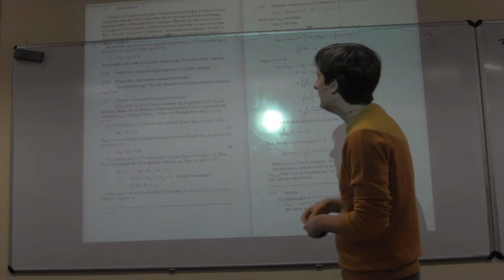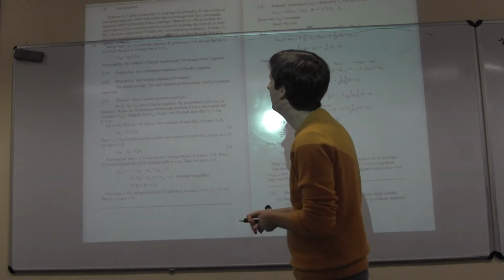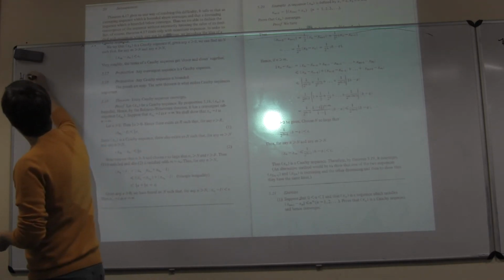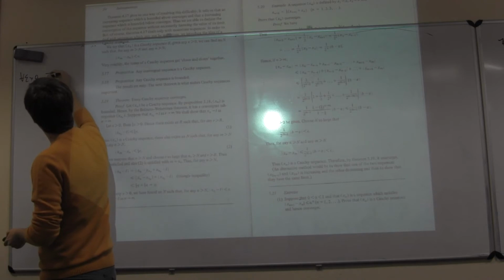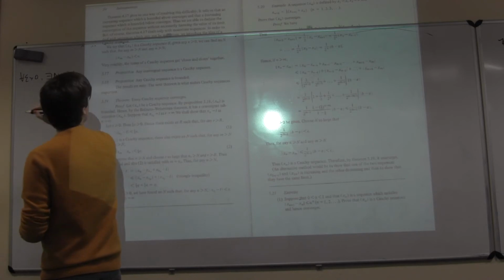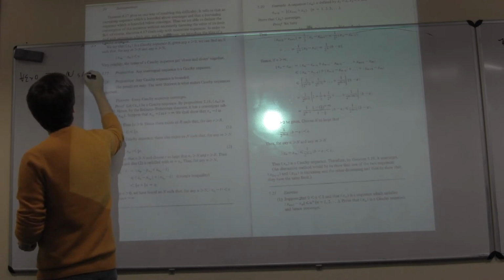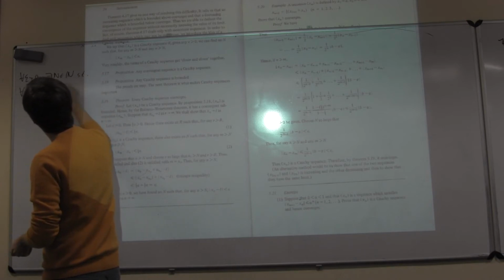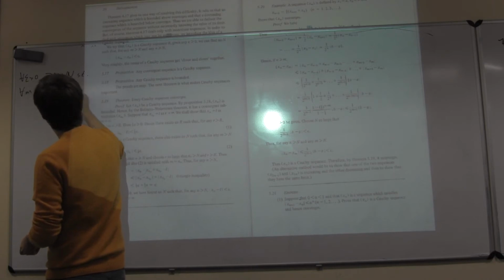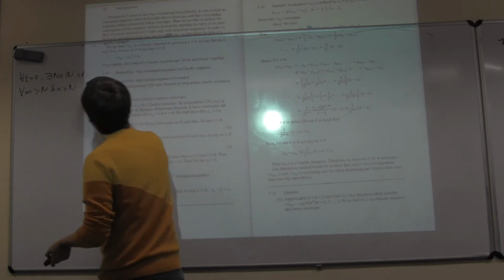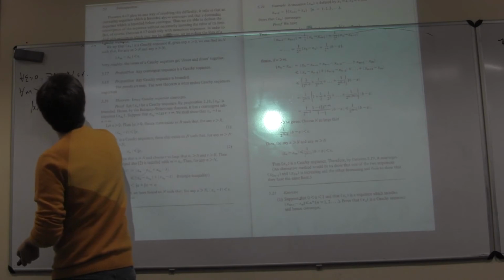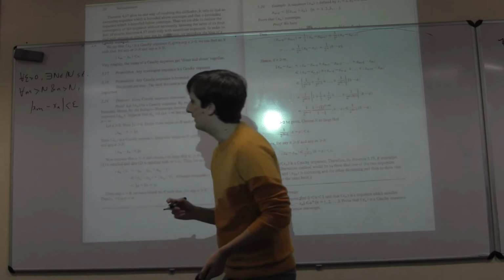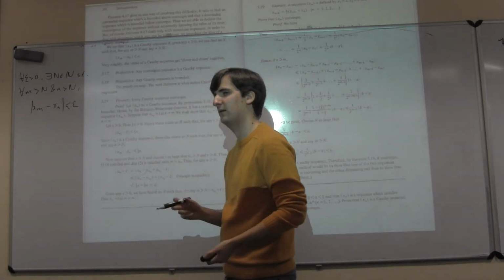So what is a Cauchy sequence? We say that something is a Cauchy sequence if for all epsilon greater than naught, there exists capital N in the natural numbers, such that for all m greater than N and n greater than N, or greater or equal to, whatever you like, xm minus xn is less than epsilon. Any sequence satisfying that we call a Cauchy sequence.